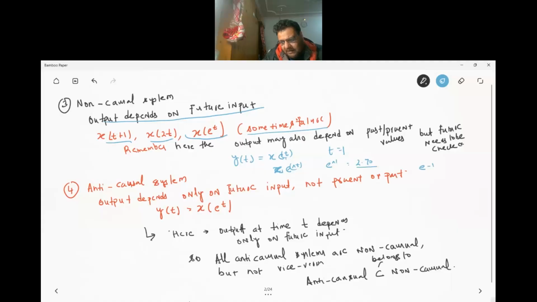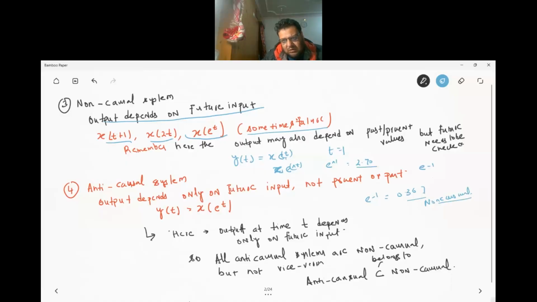And e to the power minus 1, let me use my calculator over here. This will give me 0.367. So e to the power minus 1 is giving me a value 0.367. So this is a non-causal system, or to be precise, an anti-causal system.